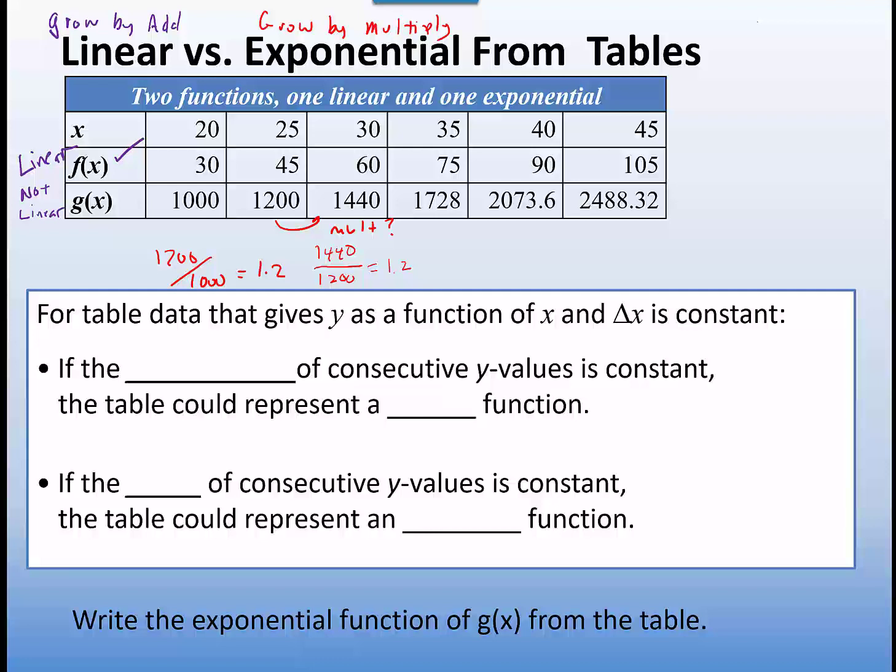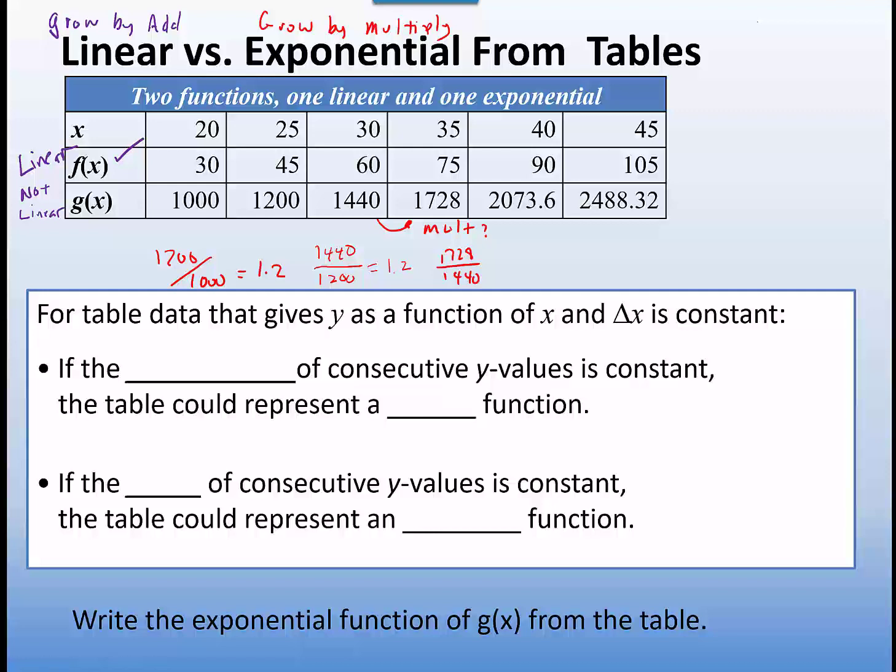So let's make sure that that works even further. So I'm going to try it again and see if it continues. What's my multiplier? Question mark. So I'm going to take 1728 over 1440.